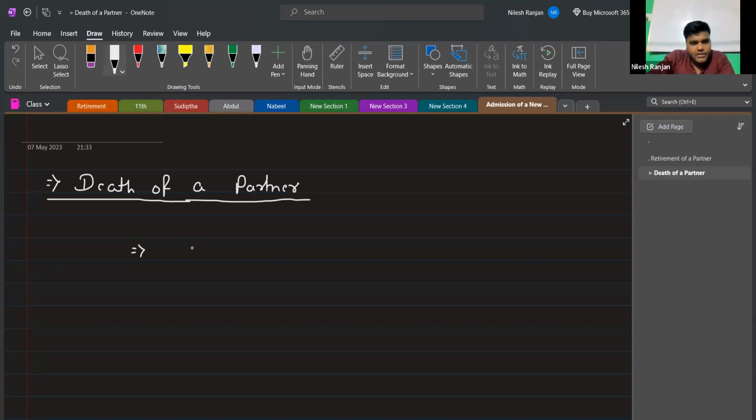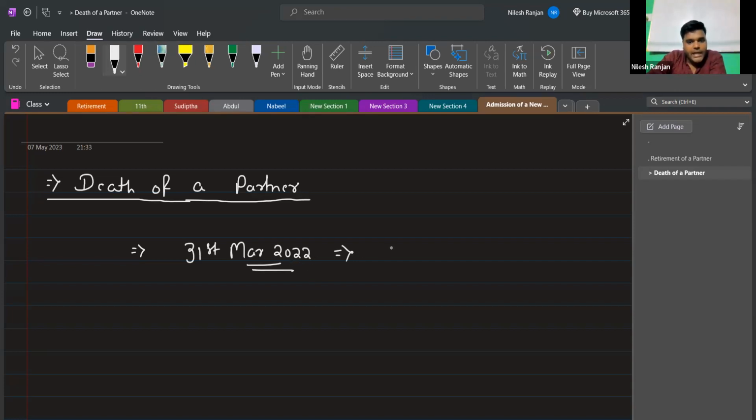Let's say the previous year ends on 31st March 2022. This is your previous year. So 31st March 2022 is the last date of previous year.